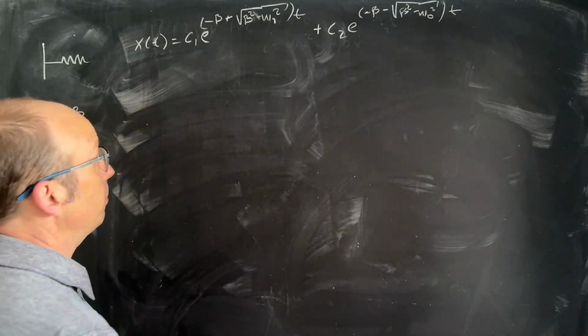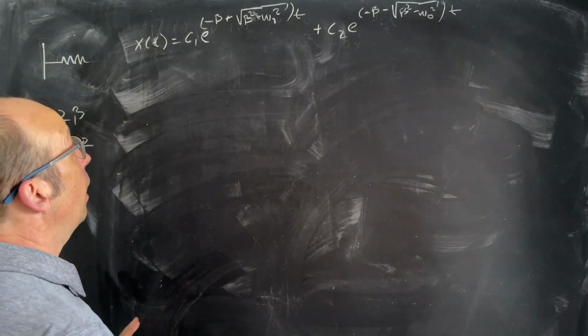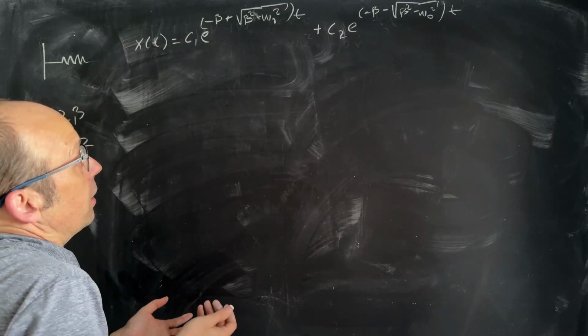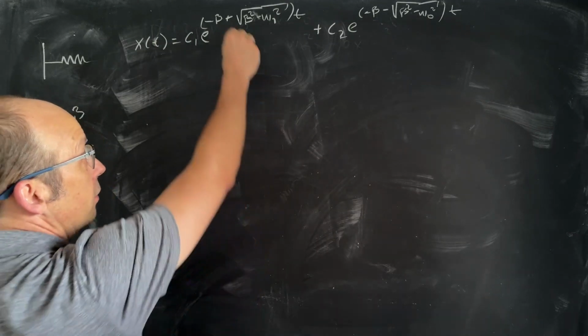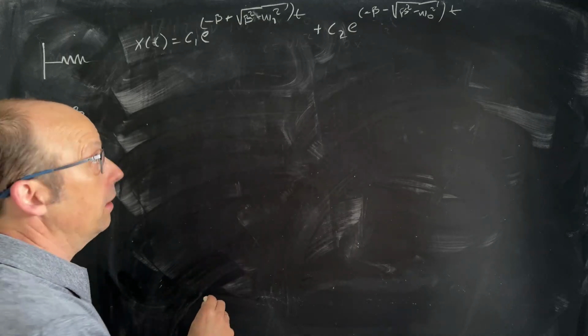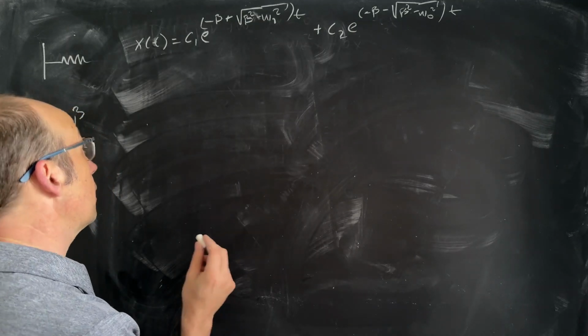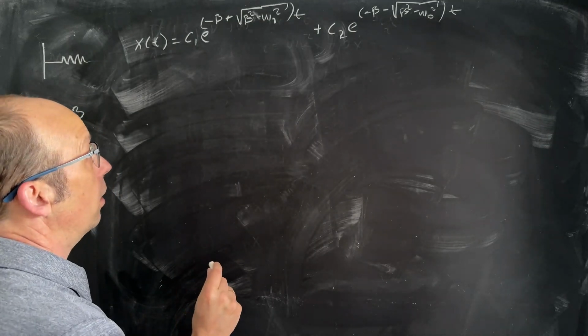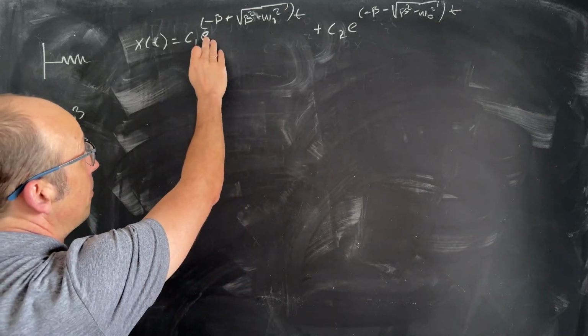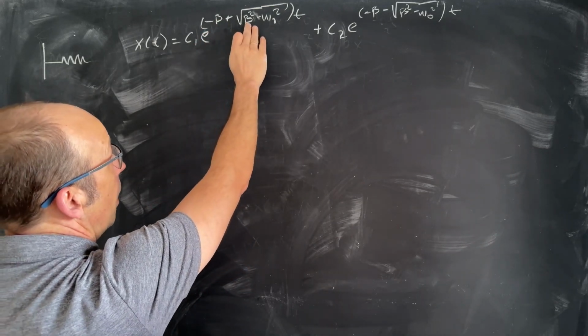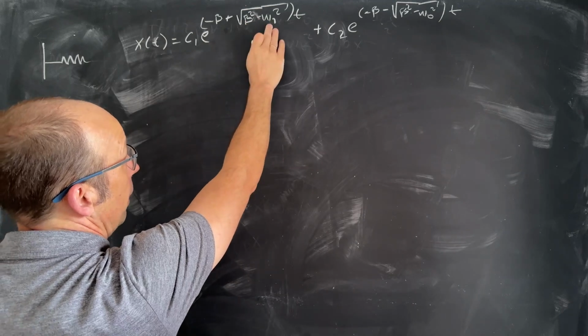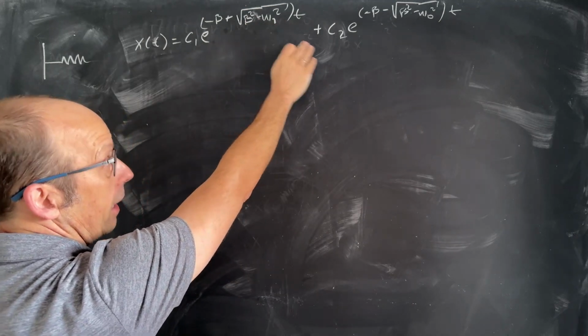Now, I can actually simplify this some. And so the solution here depends on my value of beta, to tell you the truth, because it's going to determine what happens in that square root in there. Let me go ahead. I can write this as e to the negative beta t times e to the square root of beta squared minus omega naught squared t, and then that same thing over there.